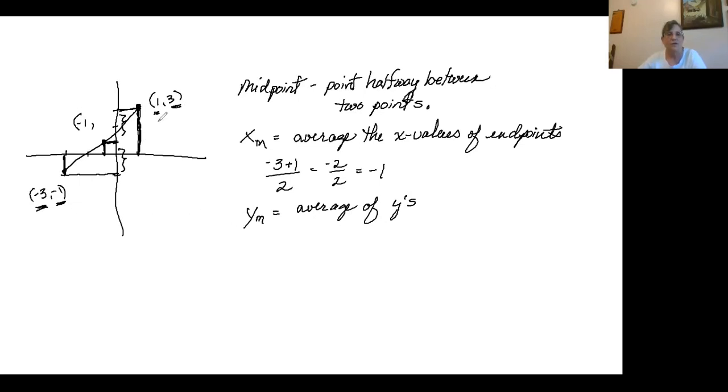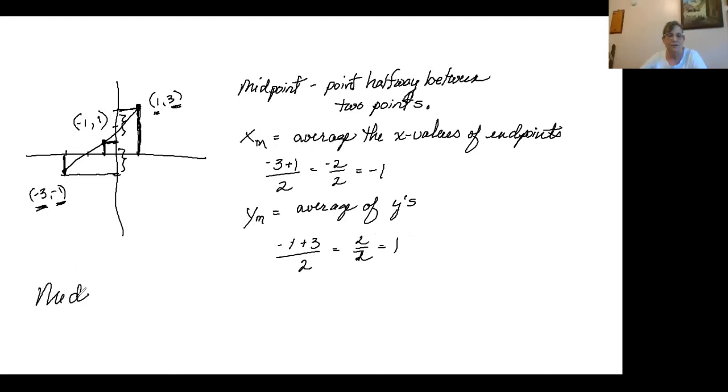So if I take the 2 y values, -1 and 3, and add them together and divide by 2, I'm going to get 2/2, which is 1. So the midpoint is at -1, 1.